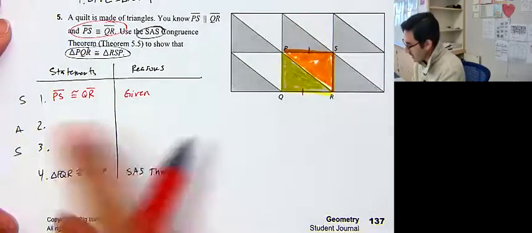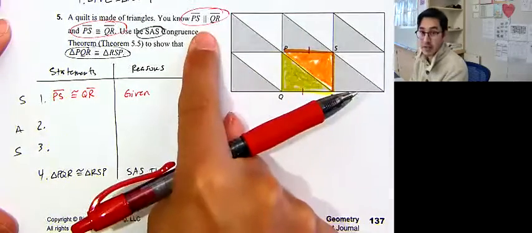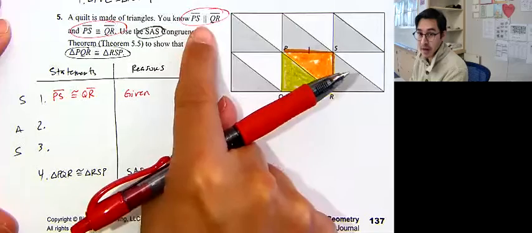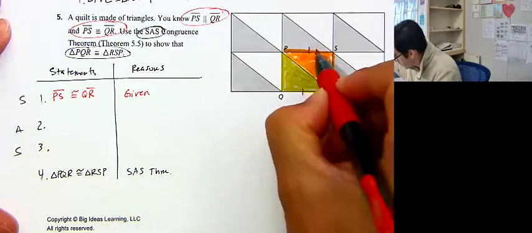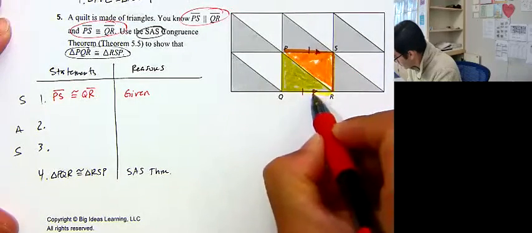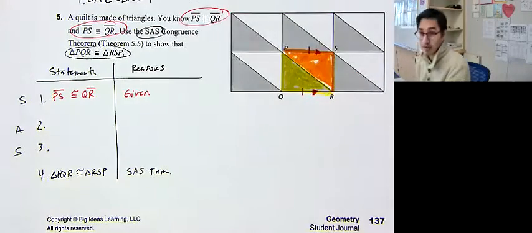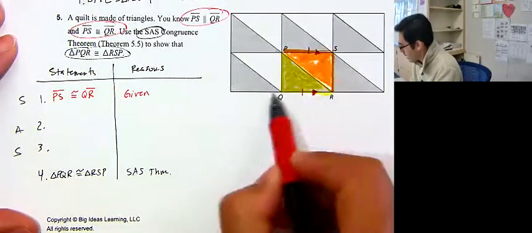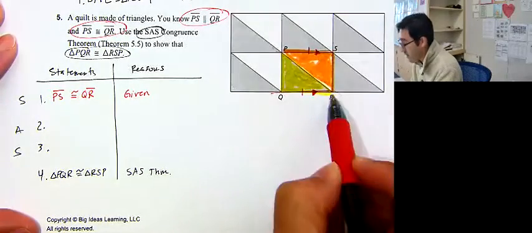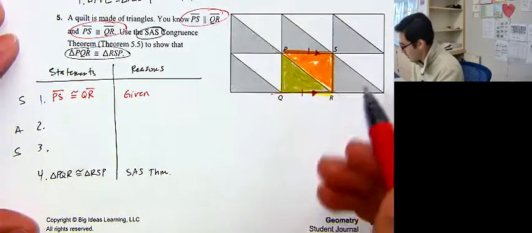Okay. Now to find the angles, we'll use this information, right? PS is parallel to QR. So I'm going to put the little red arrows to show that those are parallel lines. So we have these 2 parallel lines, and we can think of this diagonal line as a transversal.